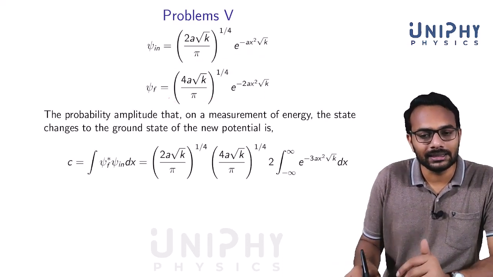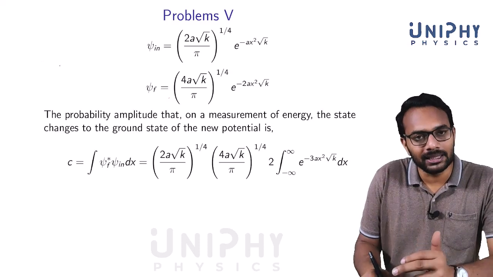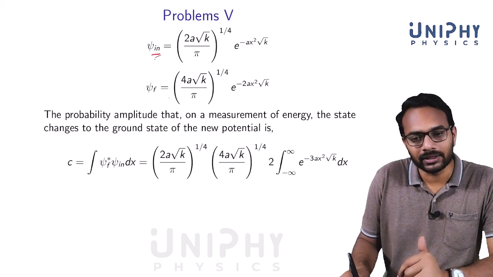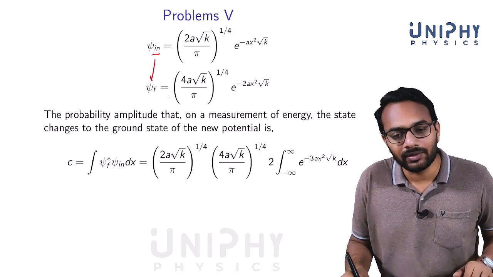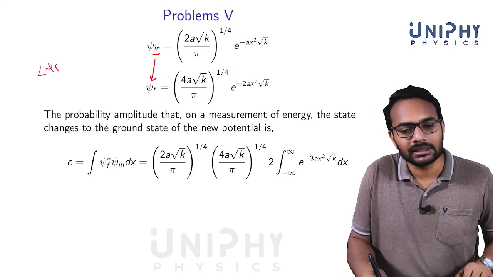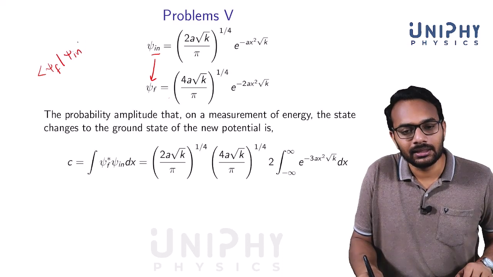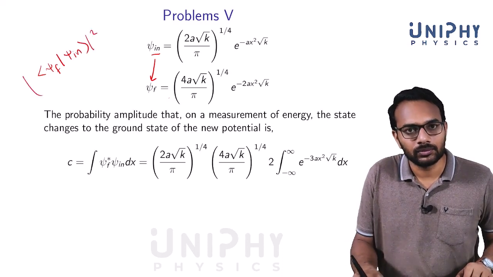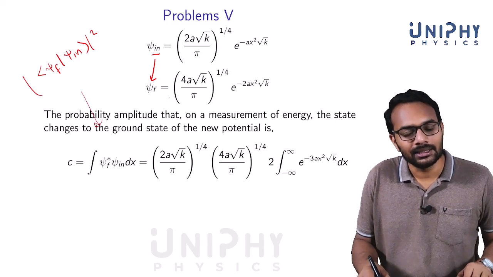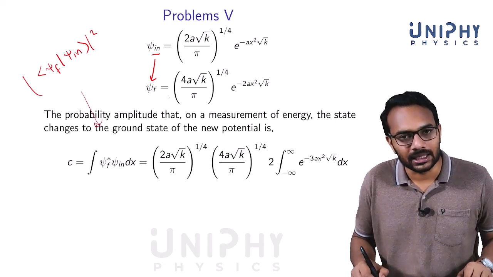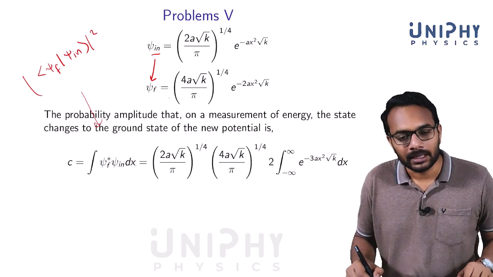Now what did I say? The probability, so this is the initial wave function. If you make a measurement of energy, the probability that you will find it in this state is simply psi f psi in, modulus square. Here that's exactly what we do in the position space. This bra psi f is psi f star. This is psi in dx.